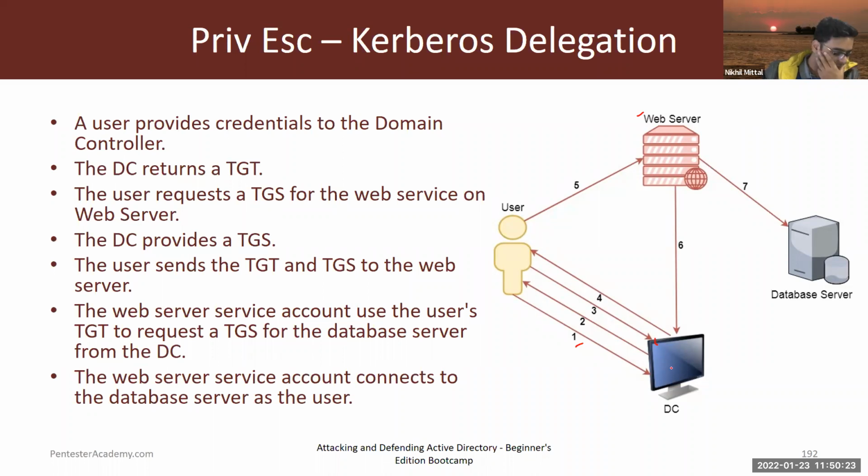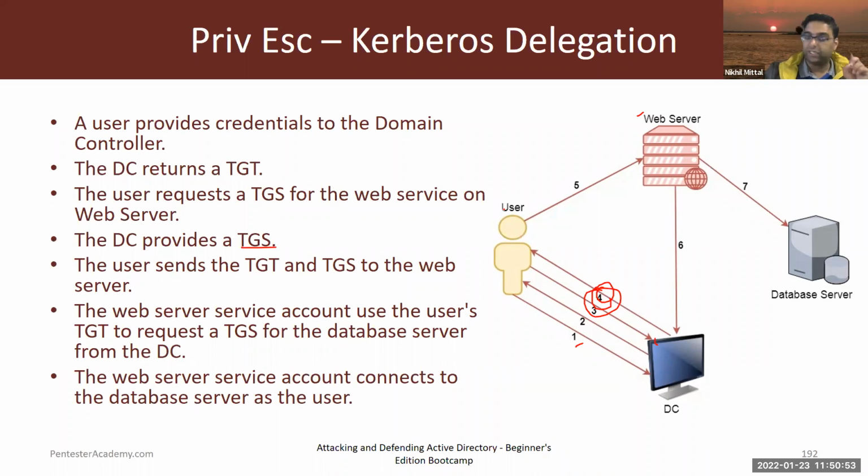Step 4, the DC sends the user the TGS for the web server, but the user's TGT is embedded inside the TGS in step 4. Step 5, the user's client, that is the user's machine, presents that TGS to the web server.